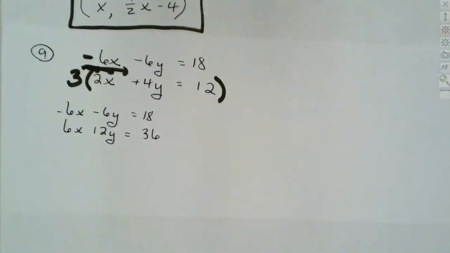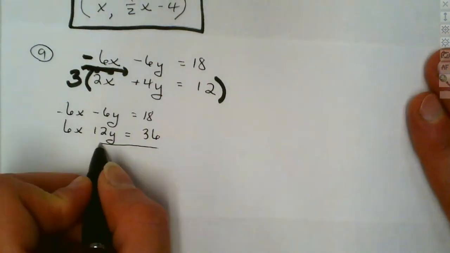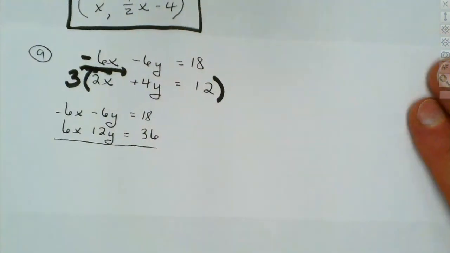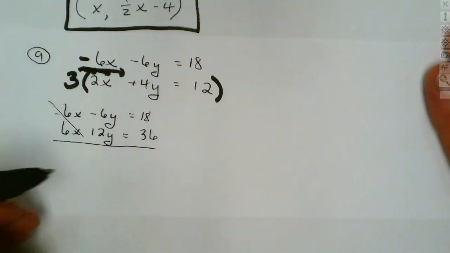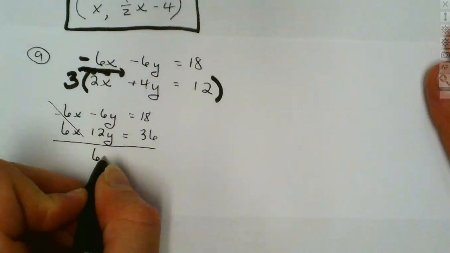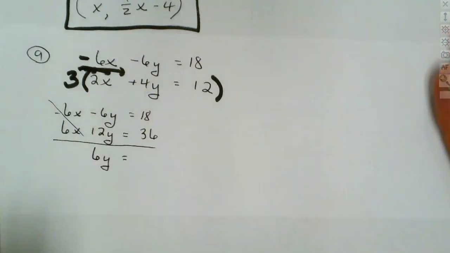Now, what variable have we eliminated? Well, when we add down, the x's cancel, don't they? And that's what we want. Our goal is to get this down to one variable. So the x's are gone, and we have a minus 6 plus 12. Those both have y, so that leaves you now with the 6y.